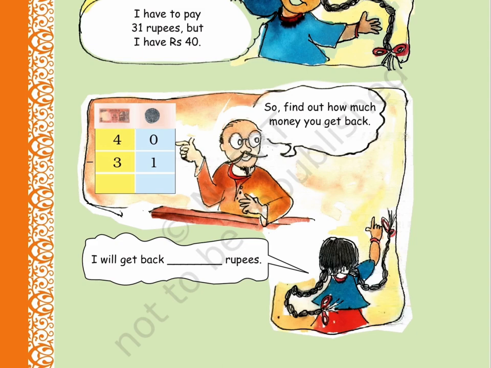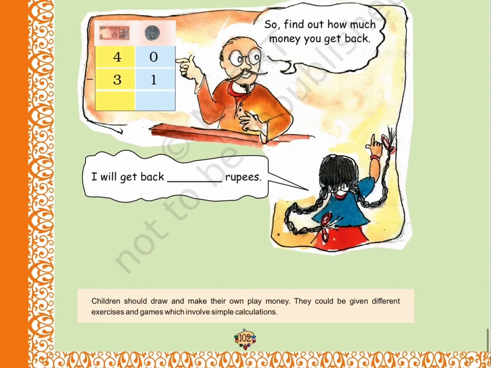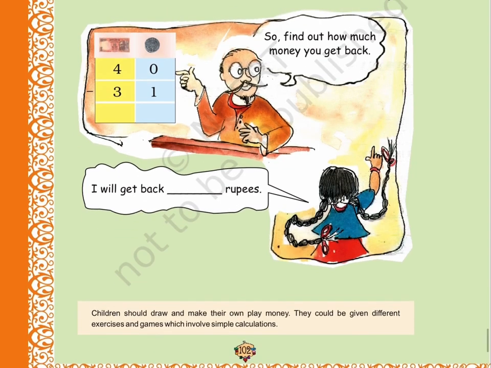Row 3 has empty spaces for writing answers in both columns. In picture 3, the girl is going away and saying, "I will get back dash rupees." Footnote: children should draw and make their own play money. They could be given different exercises and games which involve simple calculations.